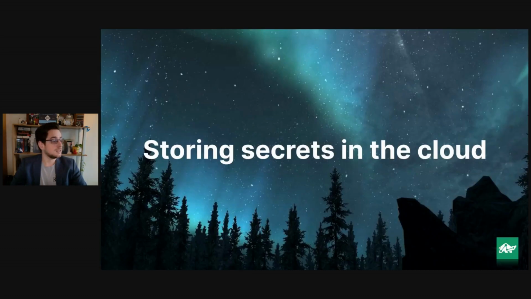Right. So now that we know how to work with all of this, how do we store secrets in the cloud? Because the user secrets provider only works for the local development environment. The most popular ways are using environment variables, or creating placeholders in your appsettings.json and then replacing them during the release.